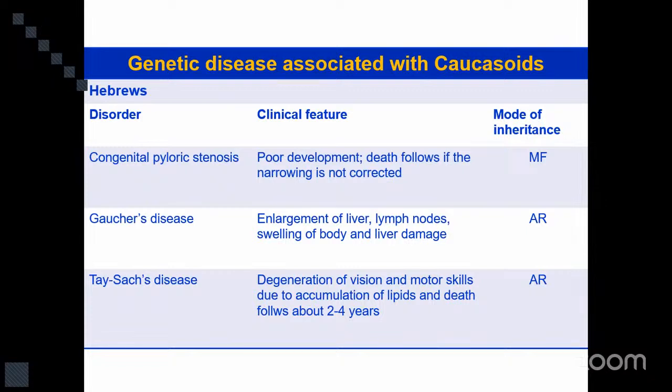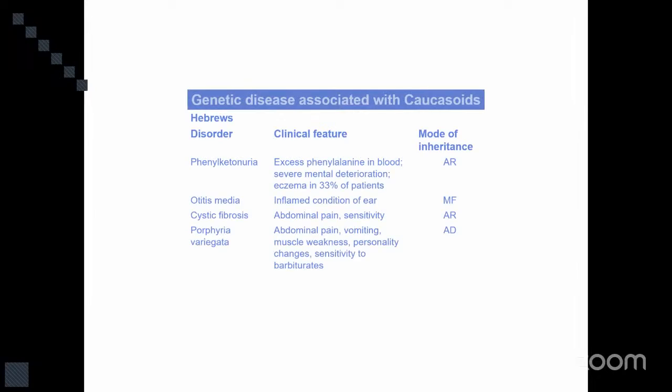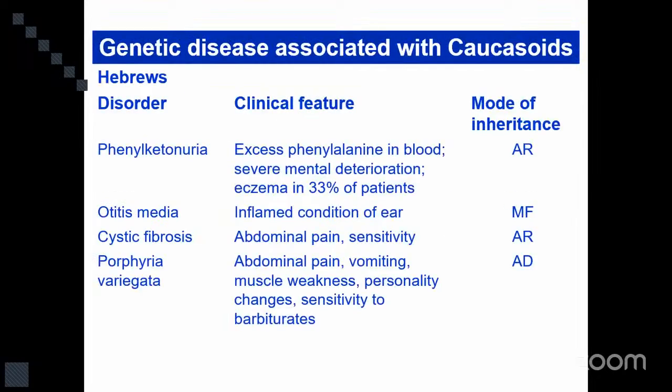Tay-Sachs disease: degeneration of vision and motor skills due to accumulation of lipids, and death follows in about 2 to 4 years. The other ones still in the Hebrews are phenylketonuria, hepatitis, cystic fibrosis, porphyria variegata.